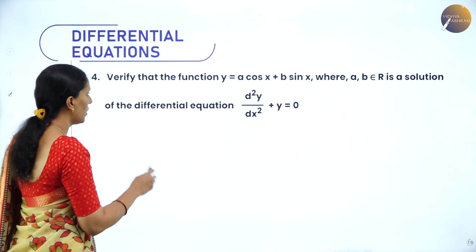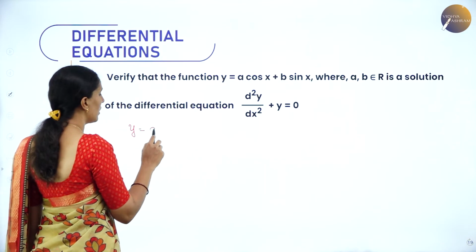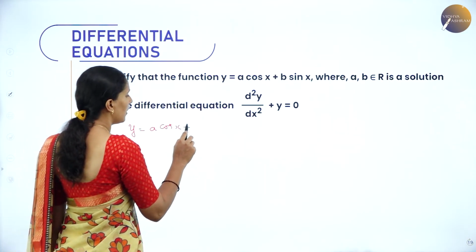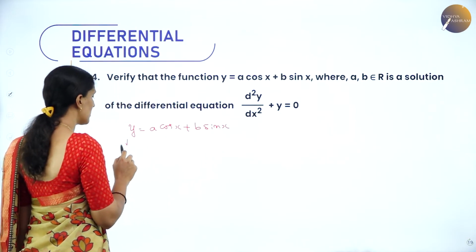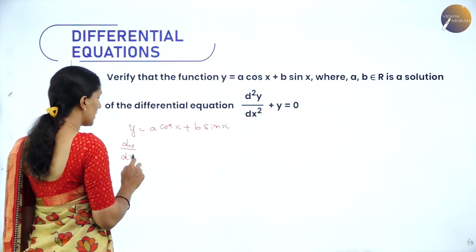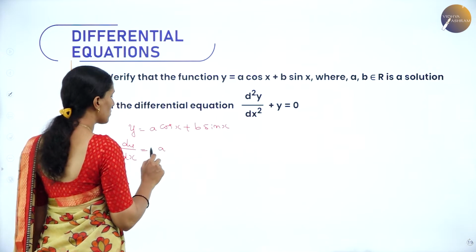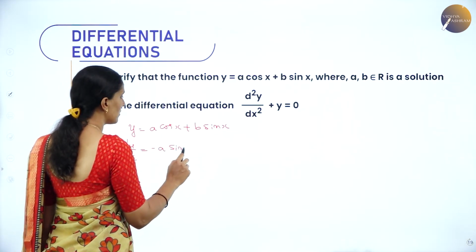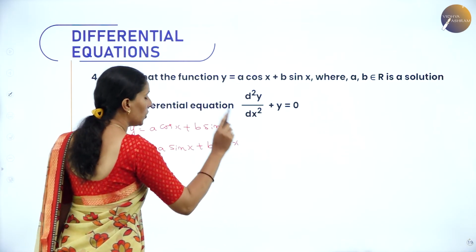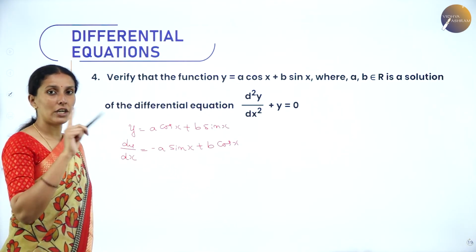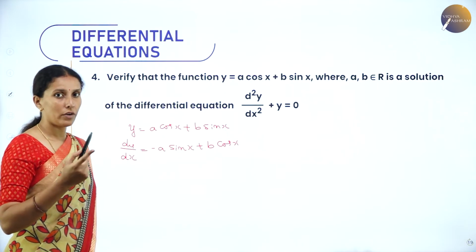So let us find y is equal to a cos x plus b sin x. Let me differentiate it once. dy by dx: a is constant, derivative of cos is minus sin x, plus b, derivative of sin is cos x. Do not confuse integration and differentiation, both are different here.